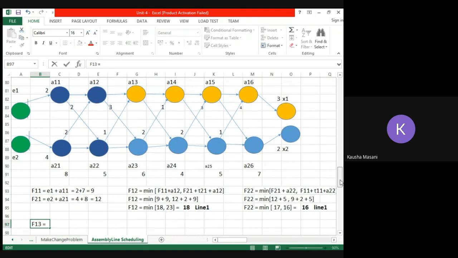F13 again. It will be minimum of F12 plus A13, A23, F22 plus T23.